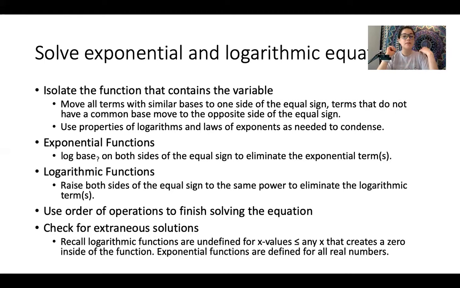So if we have an x value that we plug in that creates a 0 inside of that logarithm, it's an extraneous solution, right? It's outside of our possible domain, and so therefore it's not a solution. Exponential functions are defined for all real numbers, so you only need to worry about this with a logarithm.